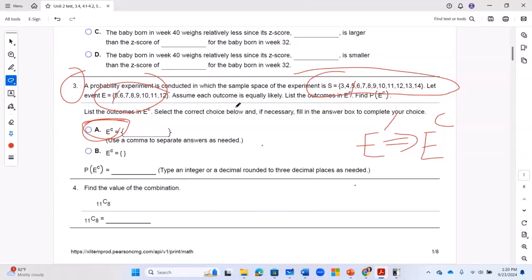You can do it any other way. I like slashing it out. 6, cancel 6. 7 is here. When I finish, the ones that are not slashed out belong to the E complement.